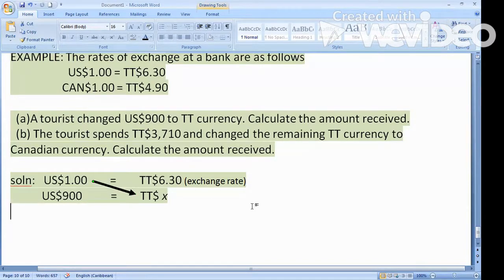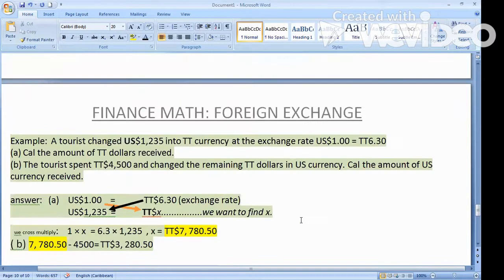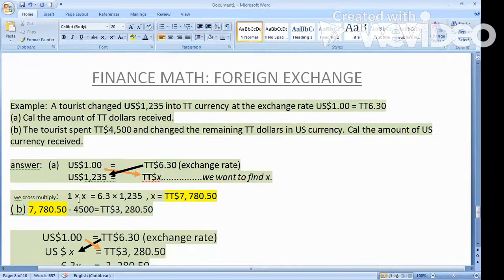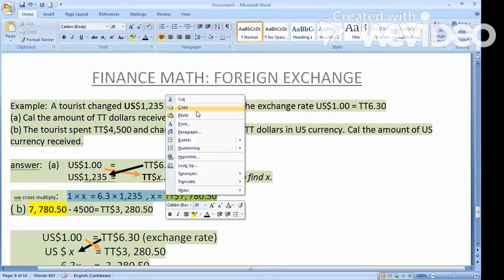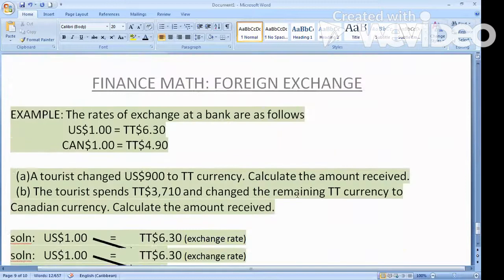All right, so we're gonna multiply 1 times x. Just want to save some time.